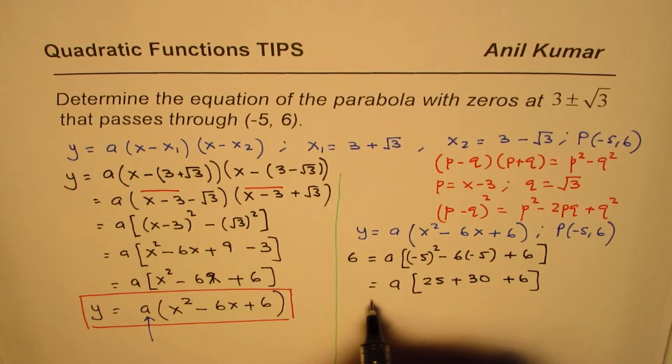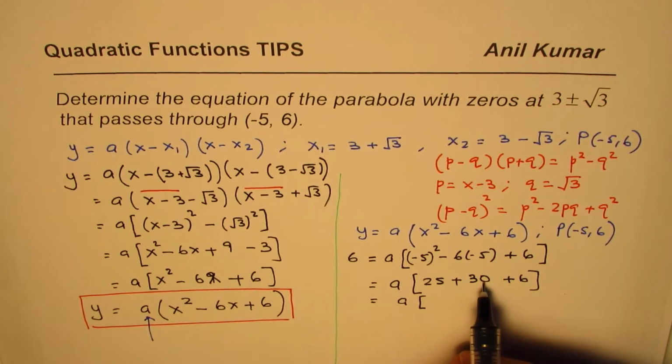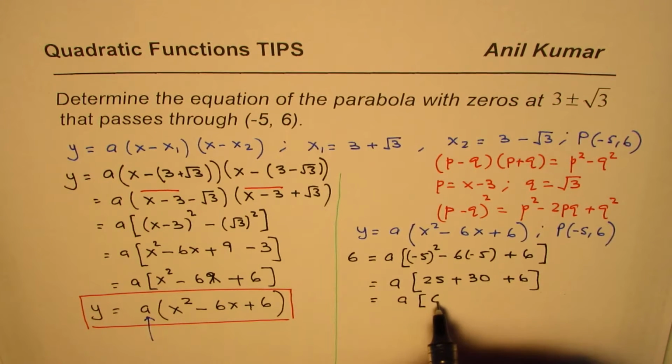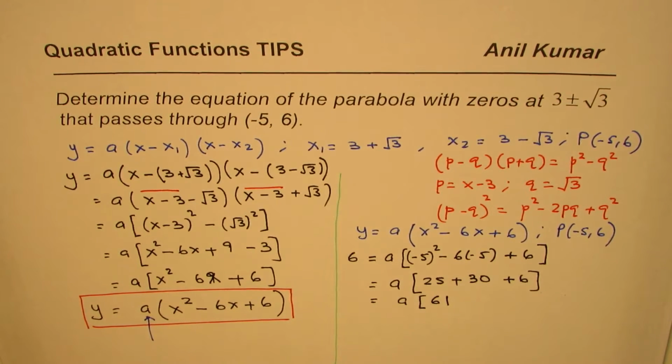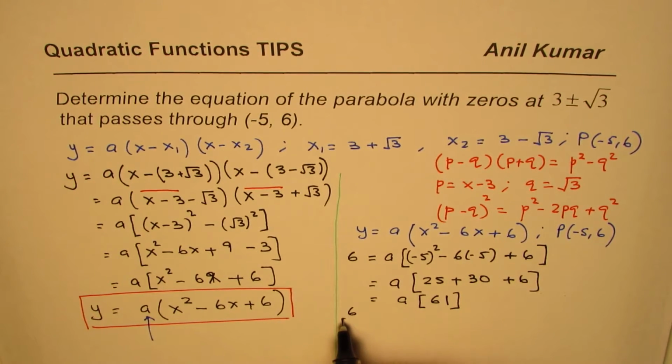We can add all this up: 25 plus 30 is 55, 55 plus 6 is 61. So a is equal to 6 over 61. 6 over 61 is the value of a.